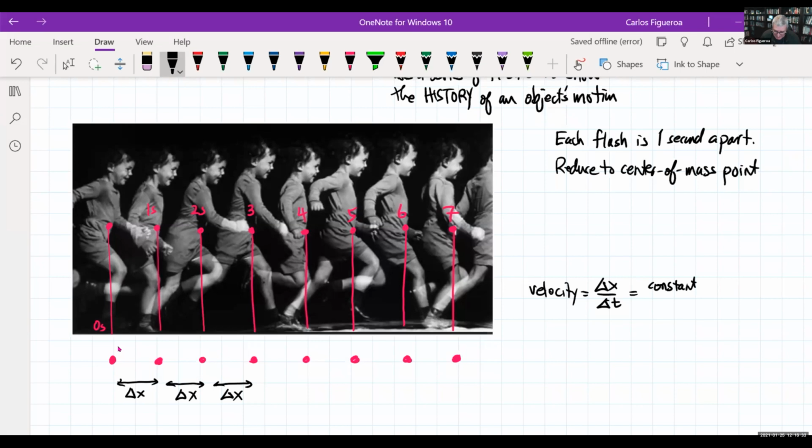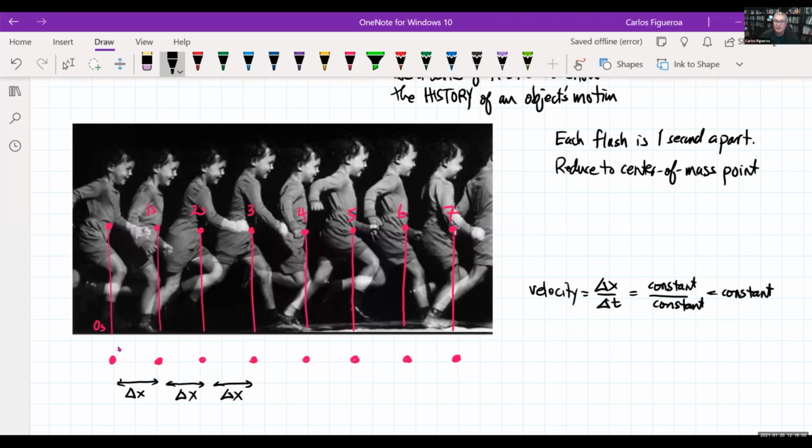But delta x is a constant. Why is it a constant? Because you could see that it's roughly about 2 squares. And the time is a constant. Why is it a constant? Because each flash takes 1 second. So the velocity must also be a constant.